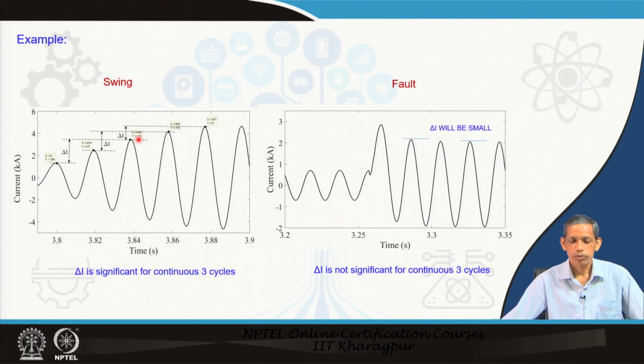This clearly shows that if you find the delta I for a period of time, like the 3 cycles we mentioned, then the swing can be clearly identified from fault situations. This principle is used by many relays to identify power swing.